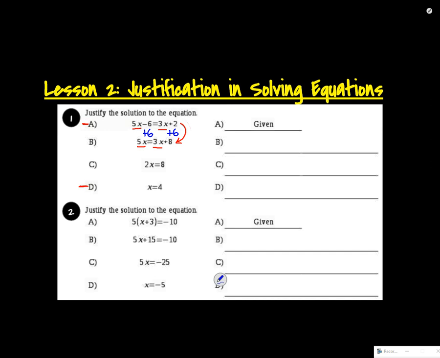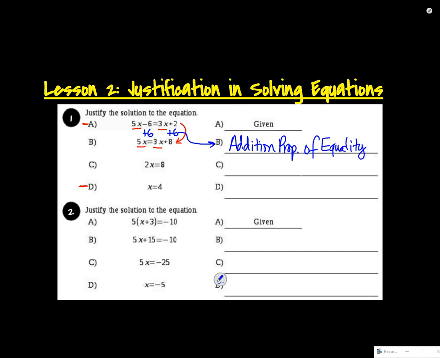So what we've done here with this plus 6, we have to put into that blank for B. So what happened from A to B? We added 6. And because I added on both sides, this is the addition property of equality. Now you can abbreviate.